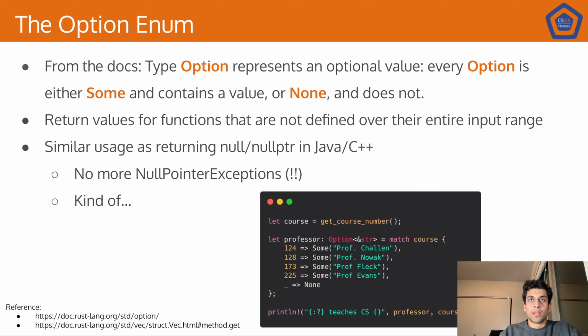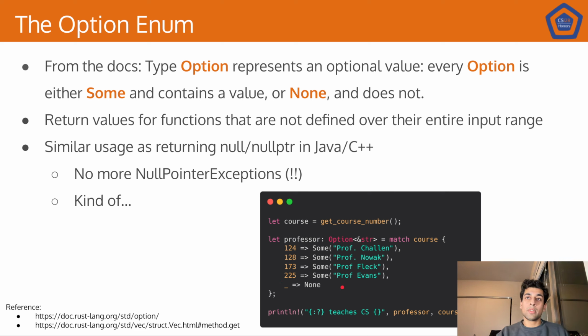Okay. So from the past lecture, we had this example where we're getting a course number and matching that course number, and then returning some string based off of that. Well, we can expand on that. In the previous example, if we hit this wildcard case, we just returned the empty string.